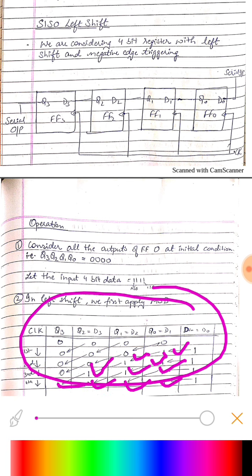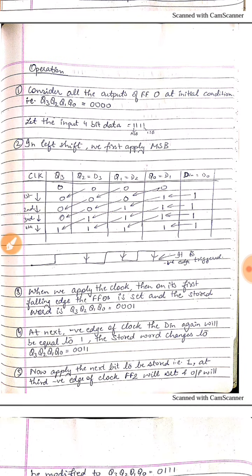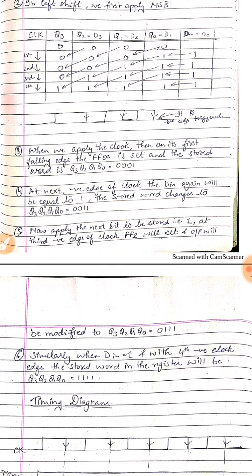So data is entering from the left side, that is the MSB is fed into the register first. This is left shift serial in, and we are feeding it serially and getting it out of the last flip-flop in the series as well.